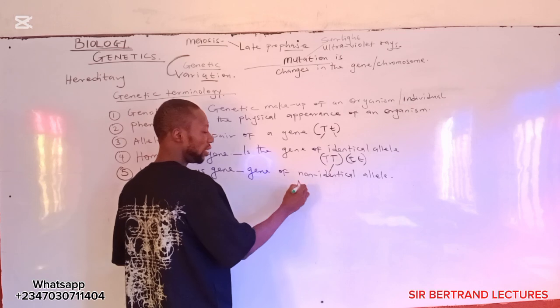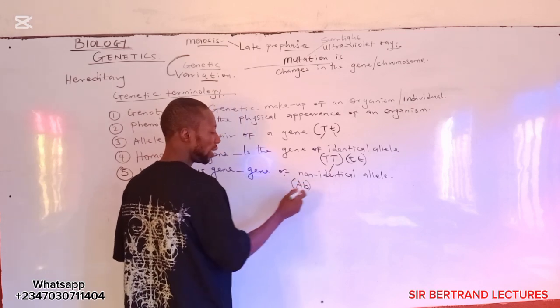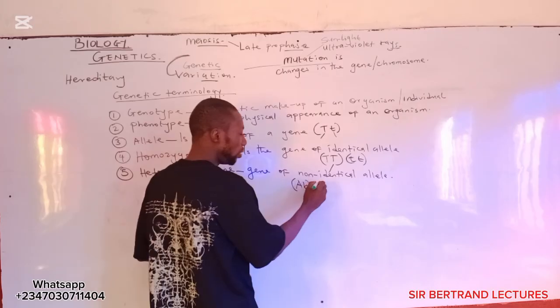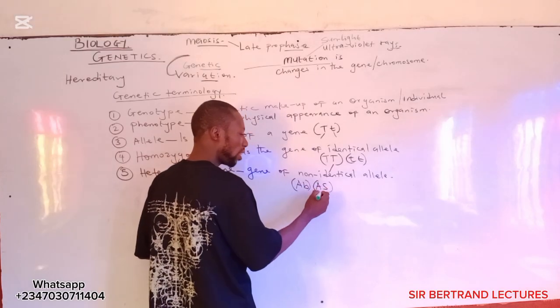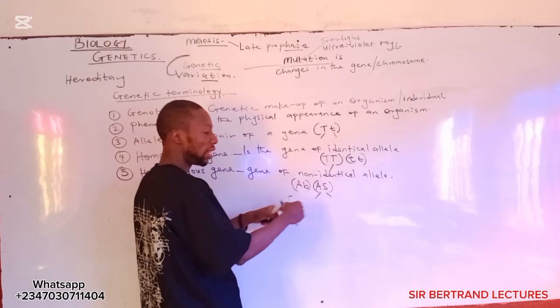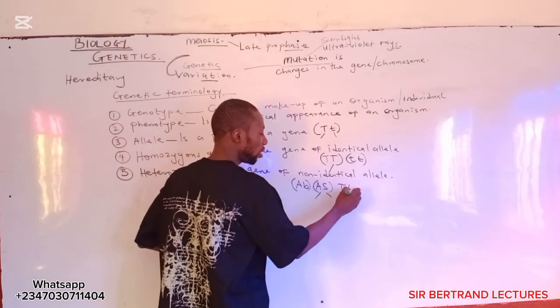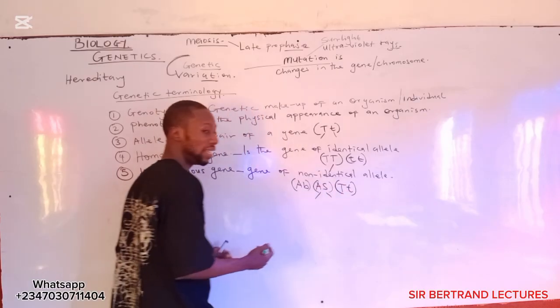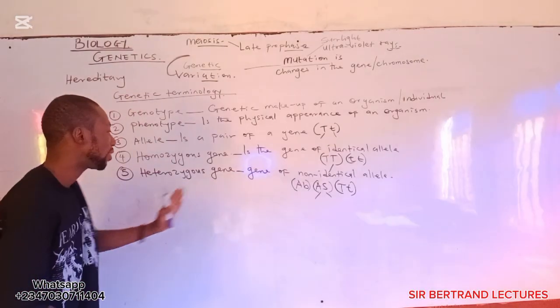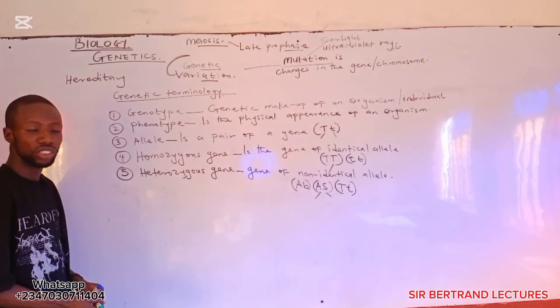If you have a gene like AB, the alleles are not the same. A gene like AS, the alleles are not the same. I mean, it has different alleles. We call that type of gene with different alleles a heterozygous gene.